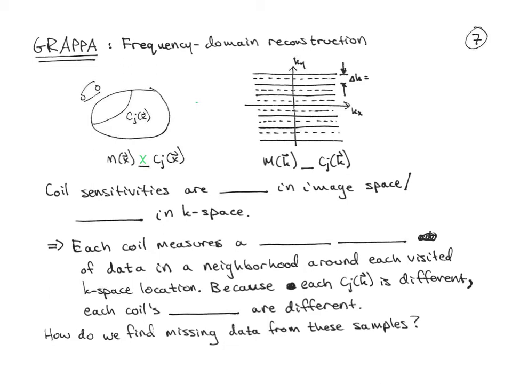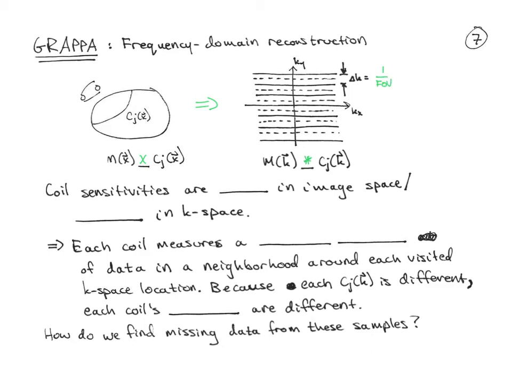Of course, we can transfer everything to k-space, and there the signal from the body will convolve with the Fourier transform of the sensitivity. Right? So now we have functions of k for each of them, because a multiplication in one domain is a convolution in the other domain. So here I've illustrated a Cartesian acquisition that is well suited for GRAPPA reconstruction. Here the delta k is 1 over the field of view.